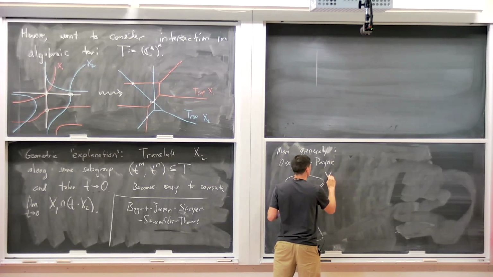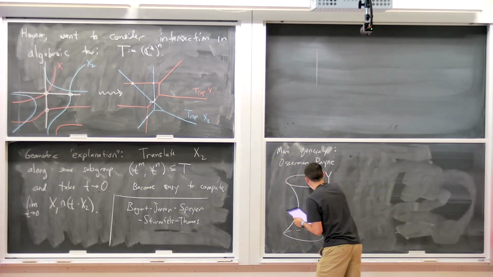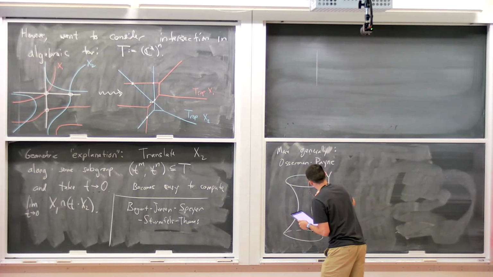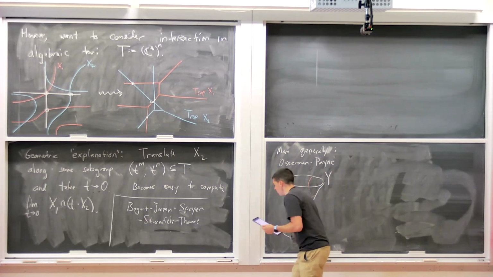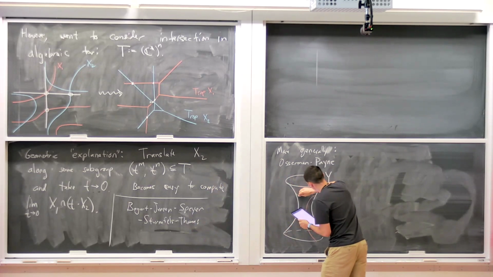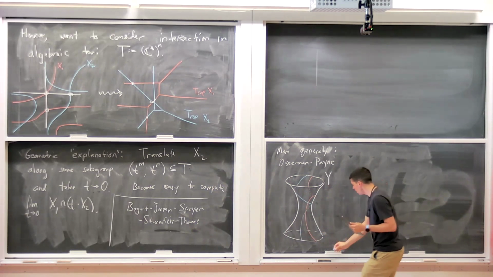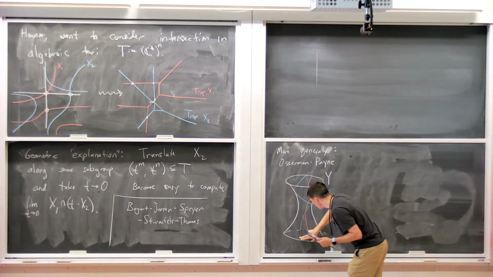Let's call it Y, and you want to intersect a couple of subvarieties of Y. I don't know if I can draw very interesting subvarieties of this variety, but whatever.